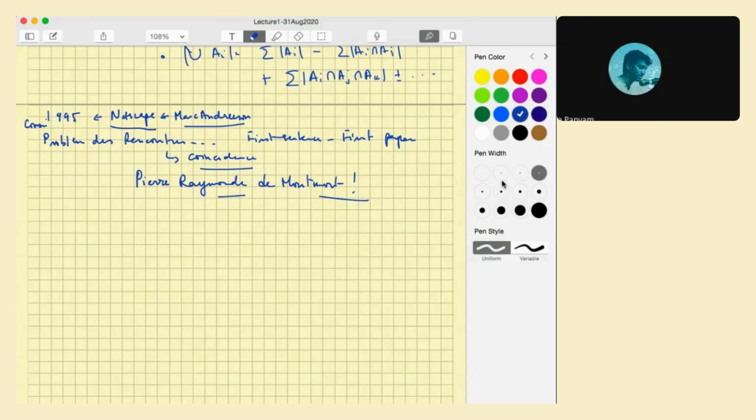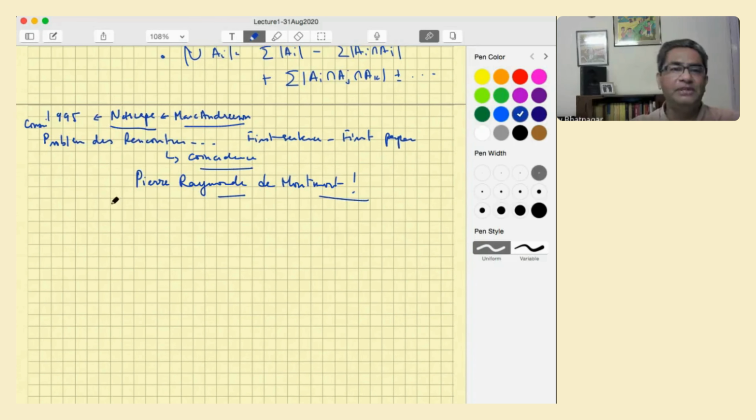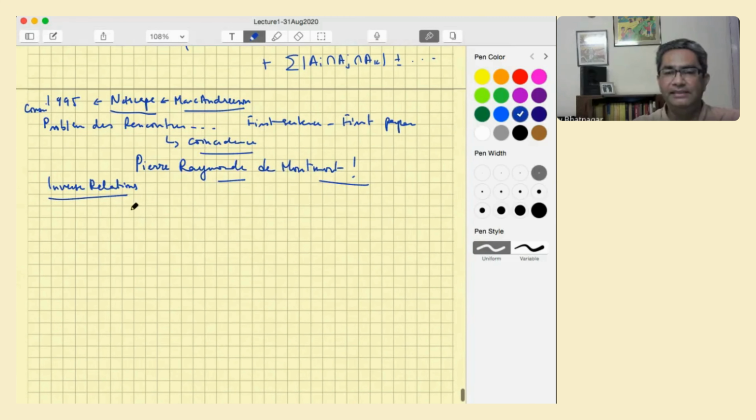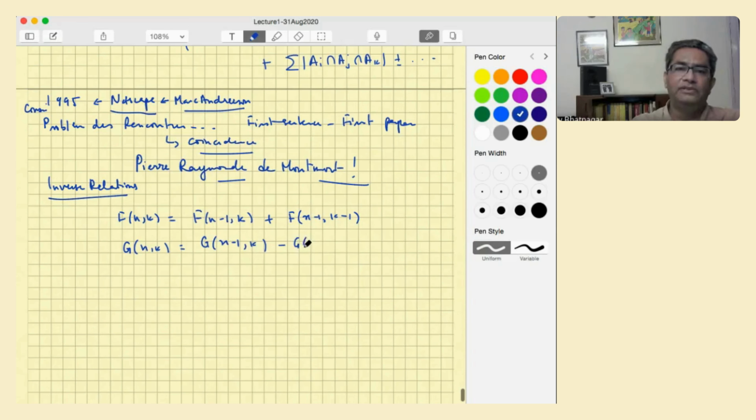Professor, what was the paper about? The paper was about inverse relations. The basic idea was my advisors', and then I extended it. We saw this, f(n,k) equals f(n-1,k) plus f(n-1,k-1). This was a recurrence relation satisfied by one guy, and this was the inverse relation satisfied by another guy, with some slight changes here.